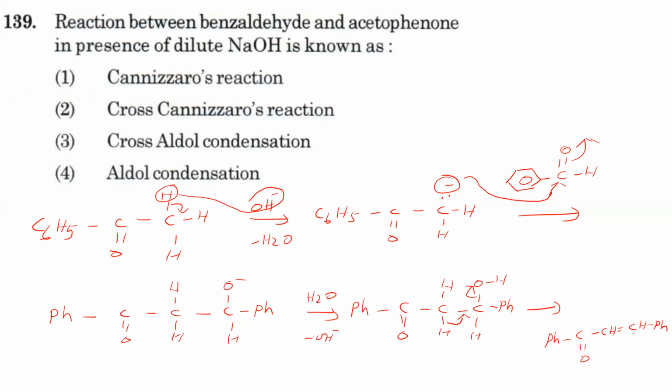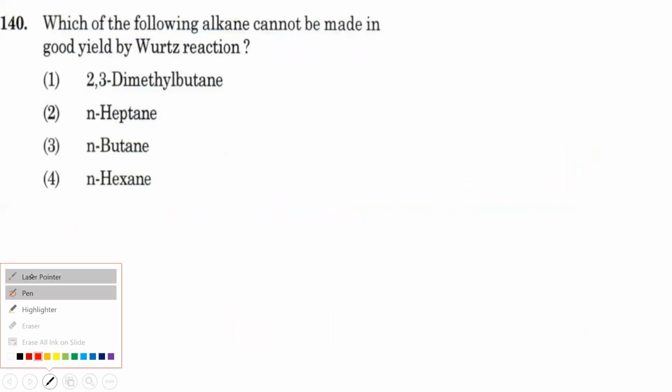This is a carbonyl group, the functional group. It is the alpha carbon, it is the beta carbon. Therefore, we can say that it is called an alpha beta unsaturated carbonyl compound. Formation of an alpha beta unsaturated carbonyl compound is called aldol condensation. Here we have taken two different carbonyl compounds. Therefore, it is called cross aldol condensation.